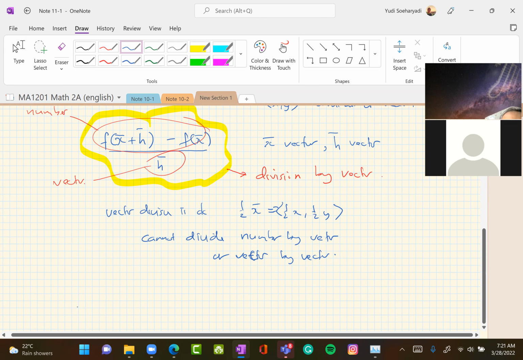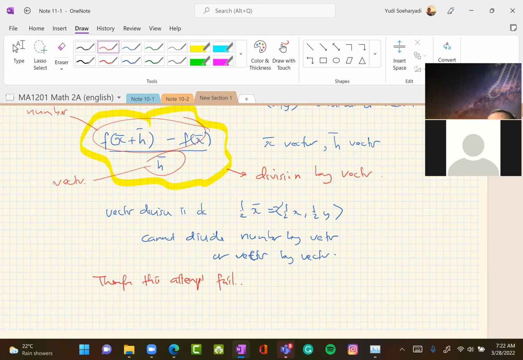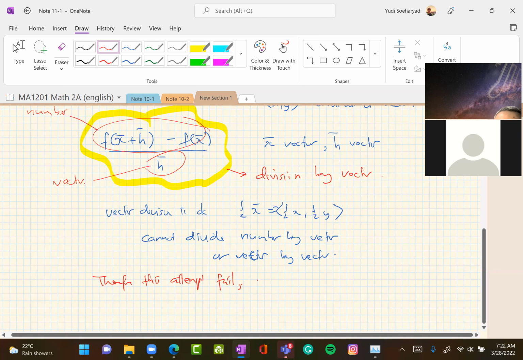So it turns out we cannot copy these definitions for the derivative of a function with two or more variables.